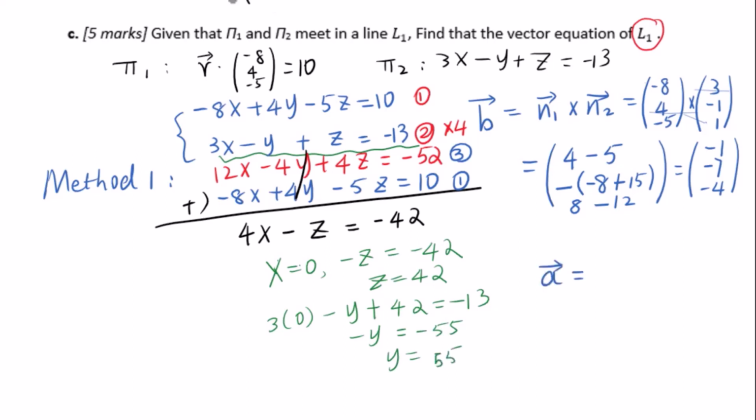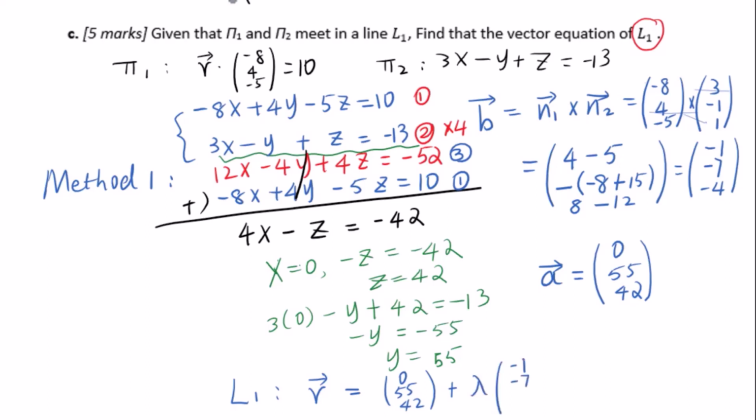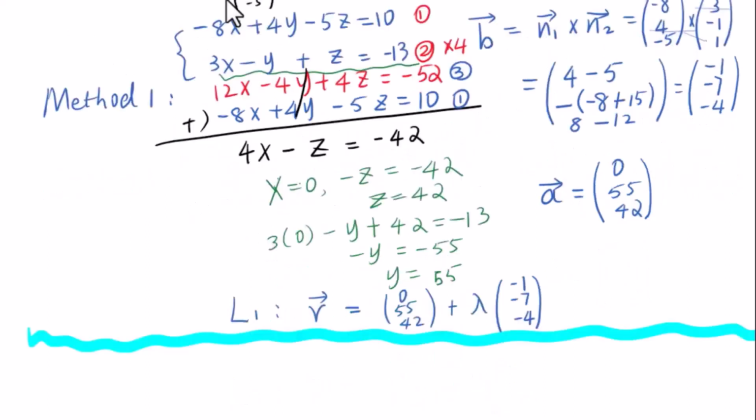So the position vector of L1 is 0, 55, 42. The vector equation of L1: r equals 0, 55, 42 plus lambda negative 1, negative 7, negative 4.